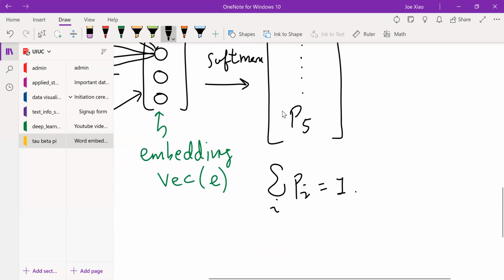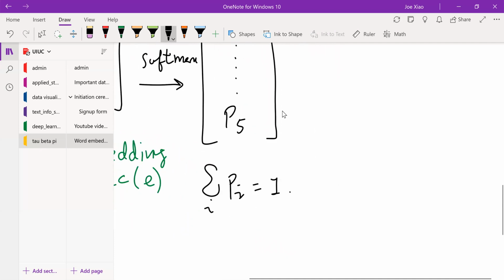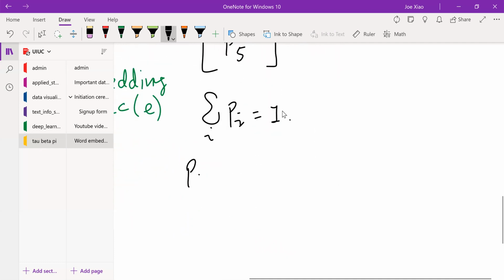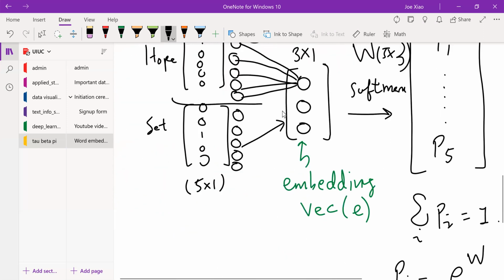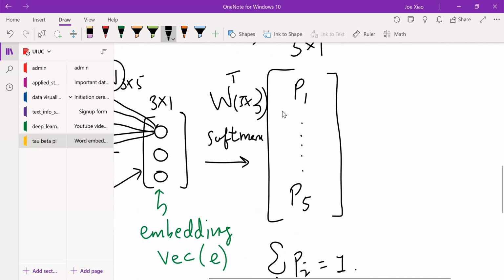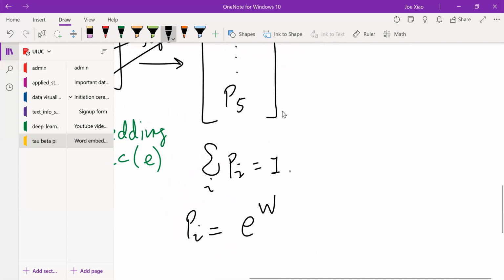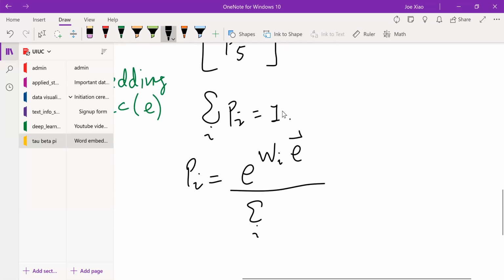In terms of how this softmax is done, the ith probability is going to be e to the w, basically the weights to the first neuron here, say it's wi, times that embedding vector, and then we sum over all of the embedding vectors.